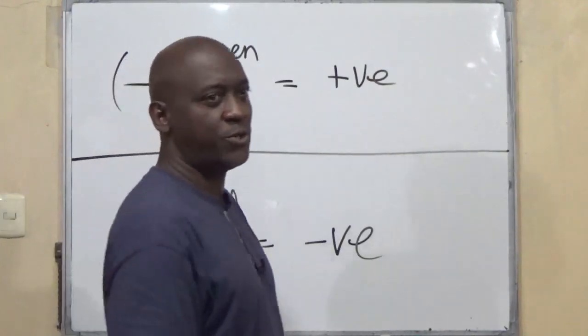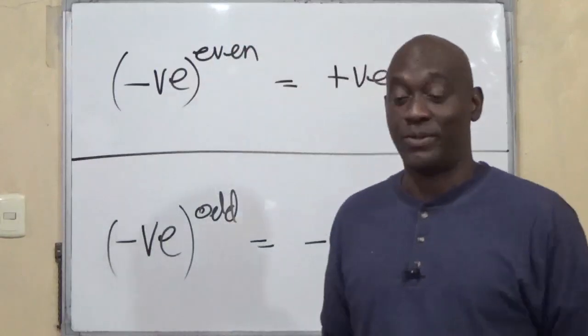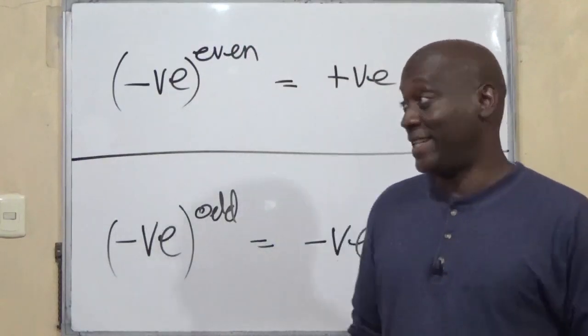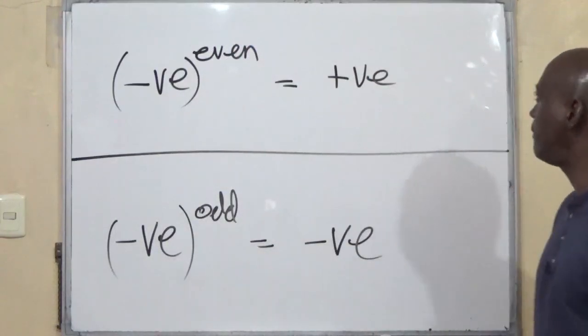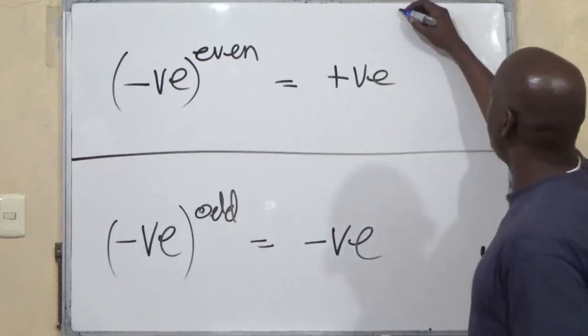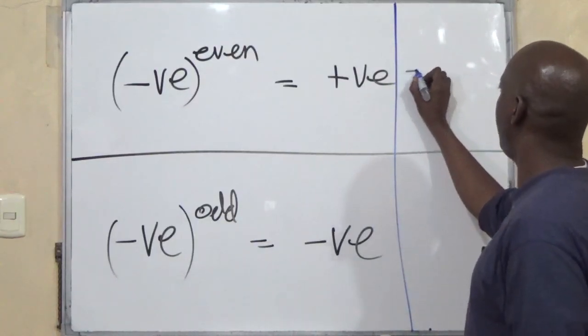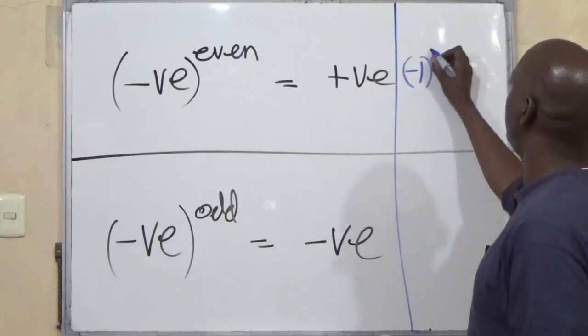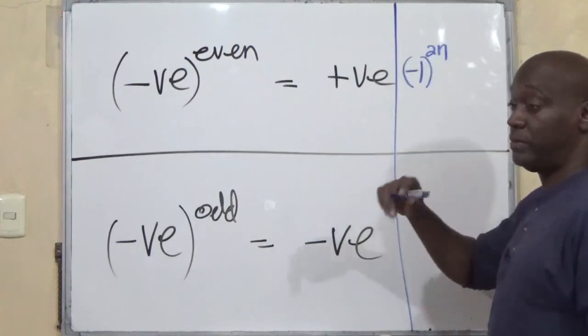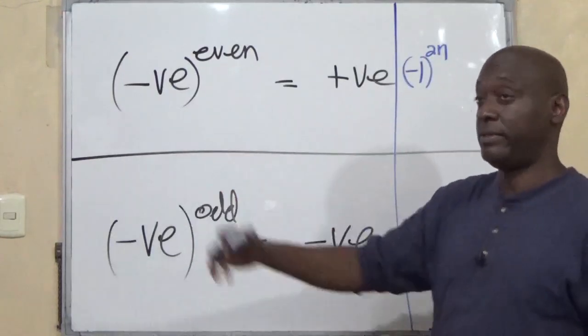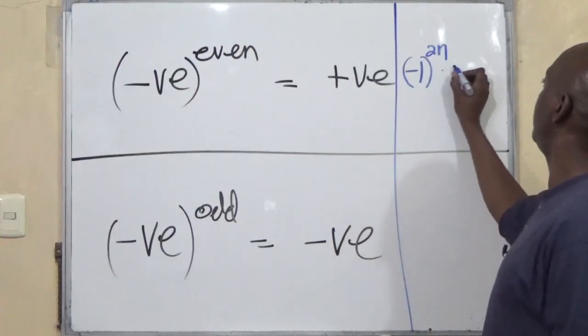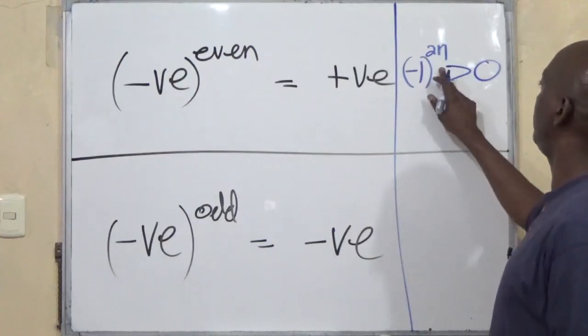I'll write it in a more shorthand notation, which you might want to take note of for the record. So the shorthand variant of this is to say that minus 1 to the power of 2n, 2n representing an even number, is greater than 0.